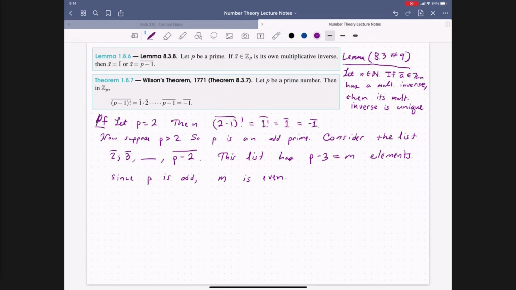By lemma 8.3.8 that we just proved, none of the elements in the list is its own multiplicative inverse.